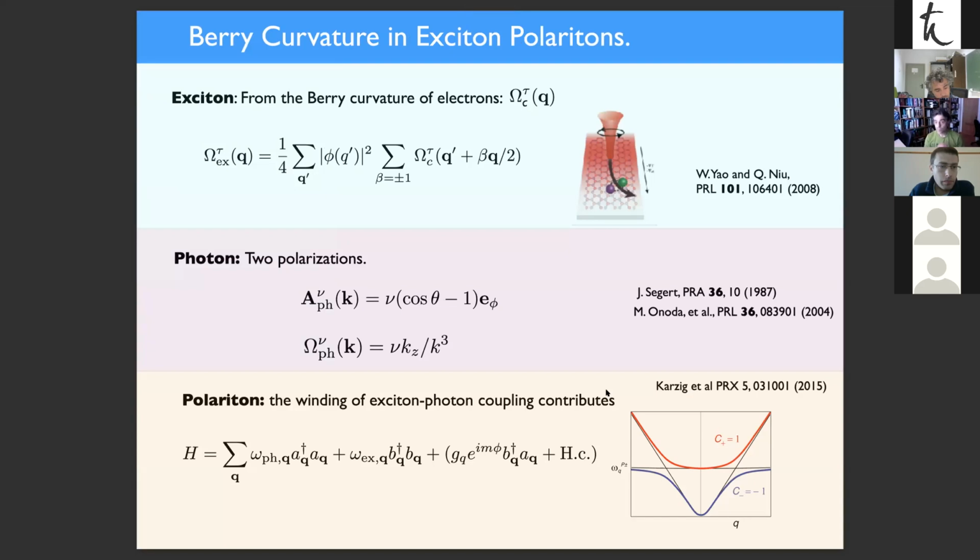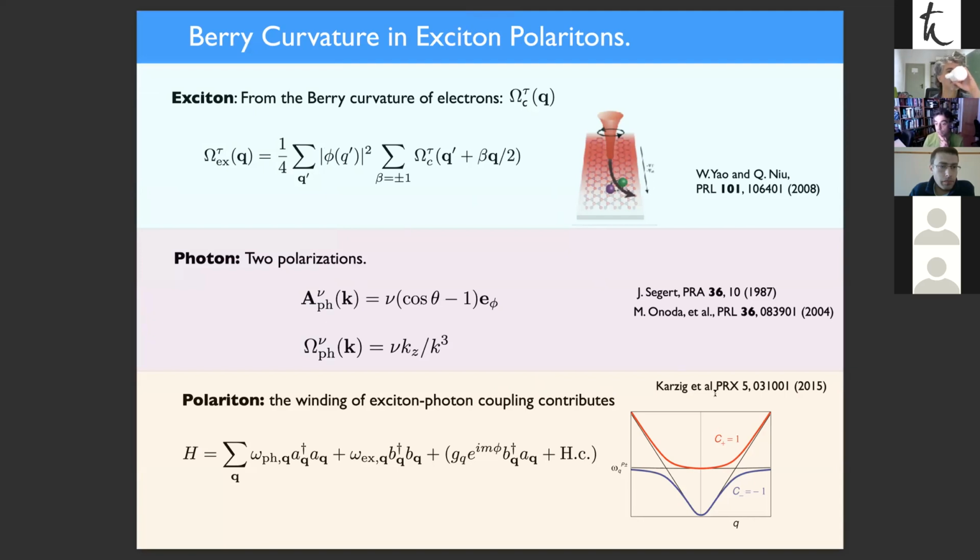But the fact is that the Berry curvature of these exciton polaritons may arise from different sources. First, the exciton has imprinted the Berry curvature of both electrons and holes. And as they saw in this experiment, if you include this in a cavity, the photon also has two polarizations, and therefore this internal degree of freedom can also provide the Berry curvature, and it does.